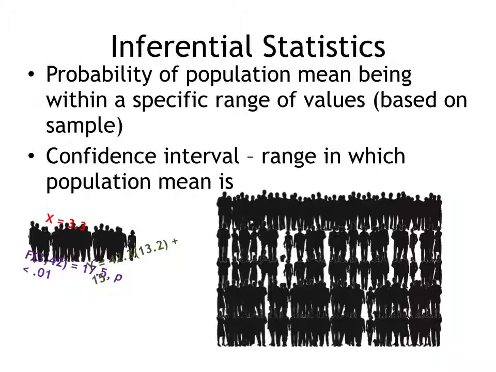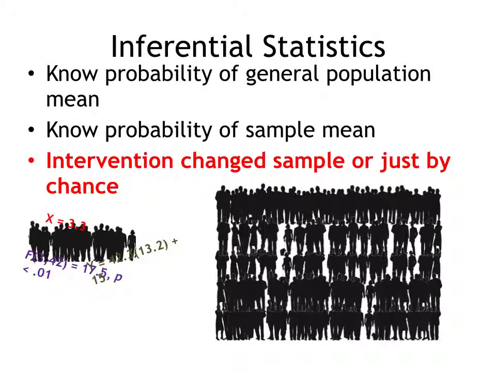But sometimes you will see written that they've got a confidence interval, which is the range in which the population mean is. So we know the probability of the general population when we use inferential statistics. We know the probability of the sample mean.